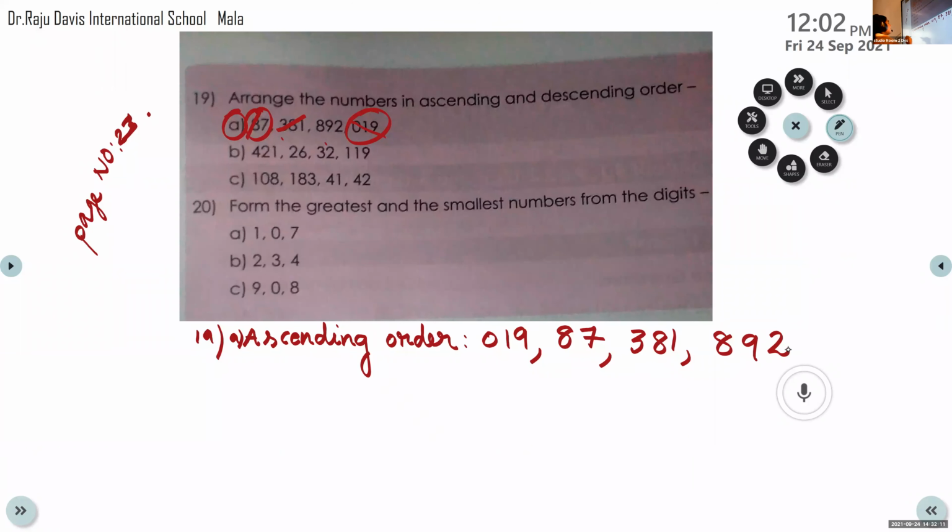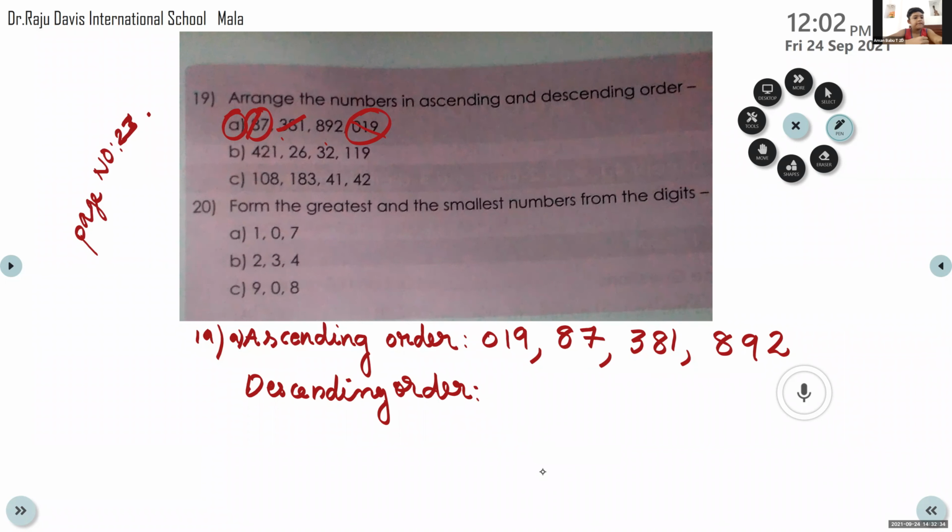Now the same numbers we have to arrange in descending order. Wait, listen to this. After that you can write. Descending order, how to arrange? From biggest to smallest. Here it is very easy to write because we already arranged in ascending order.